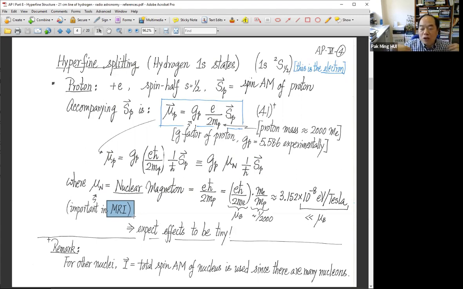We have many water molecules, H2O, so our body is full of H. Every water molecule has 2 hydrogens, so there are 2 protons, and this proton magnetic dipole moment is crucial for MRI's functioning. And look at this magnitude. It is 3 orders of magnitude smaller than the Bohr magneton, about 10 to the minus 8 eV per Tesla.